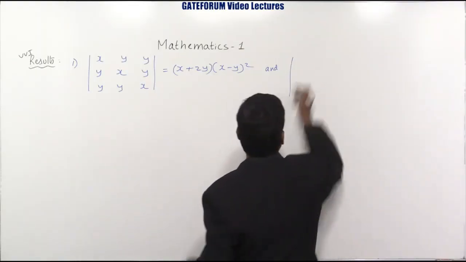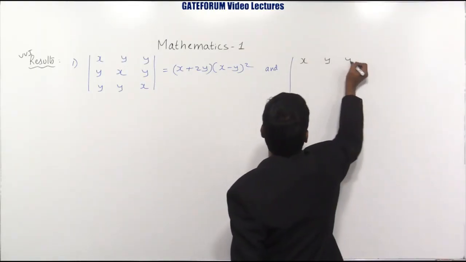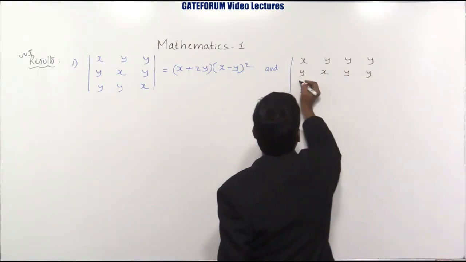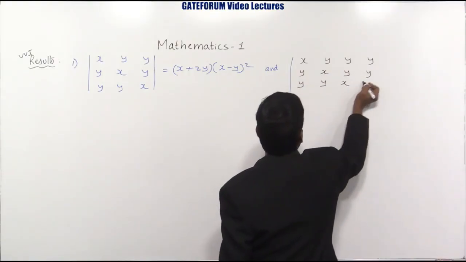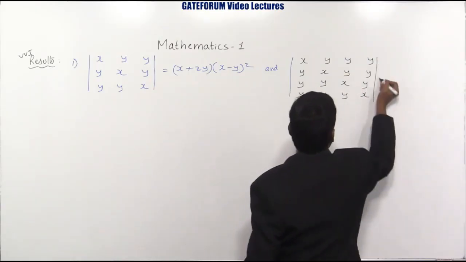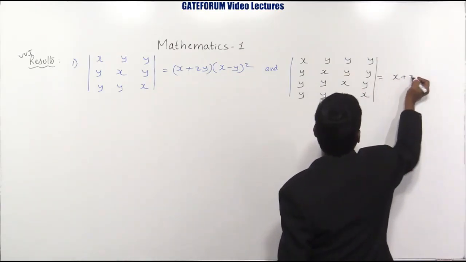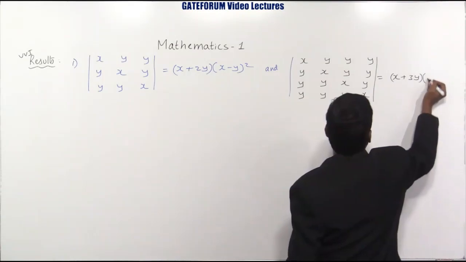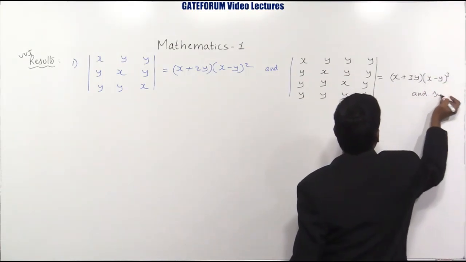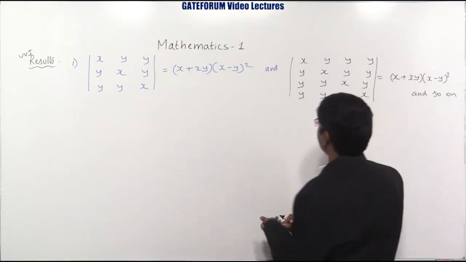Determinant x, y, y, y, y, x, y, y, y, y, x, y, y, y, y, x is equal to x plus 3y into x minus y whole cube, and so on. Okay.